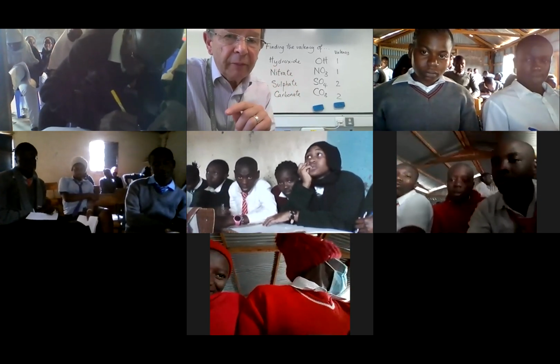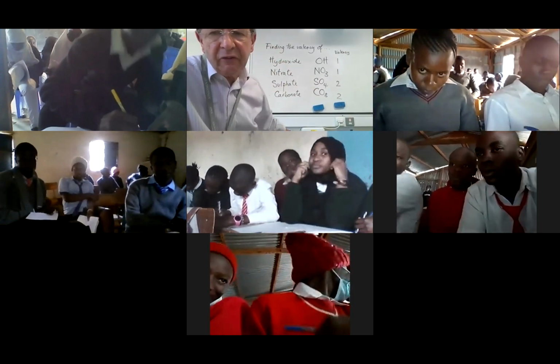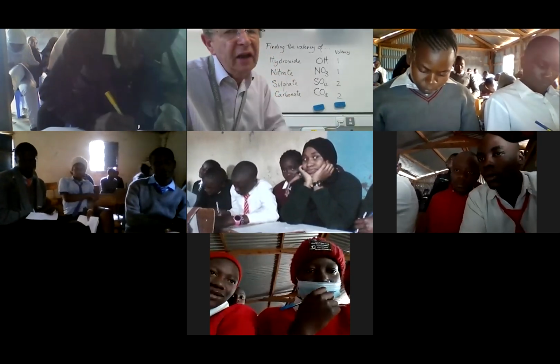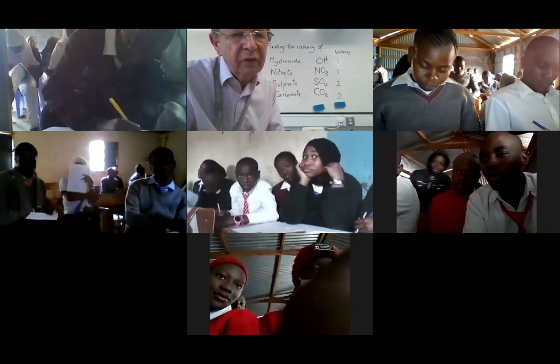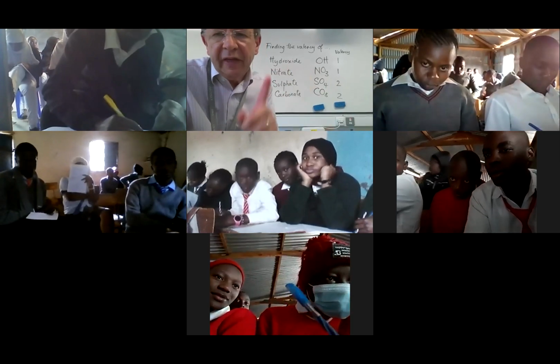There is a way of remembering it, but these are ones which you cannot find from the periodic table. So hydroxide, nitrate, sulfate, carbonate, very common. If you write those down, they will help.